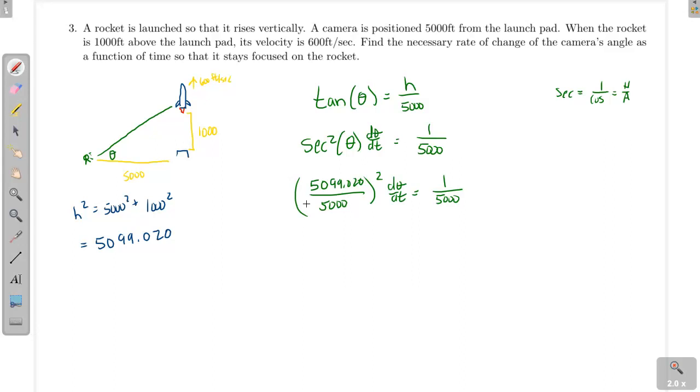You get 1.04. d theta dt is 1 over 5,000, and I just divide by 1.04. So 1 divided by 5,000 and divided by 1.04.